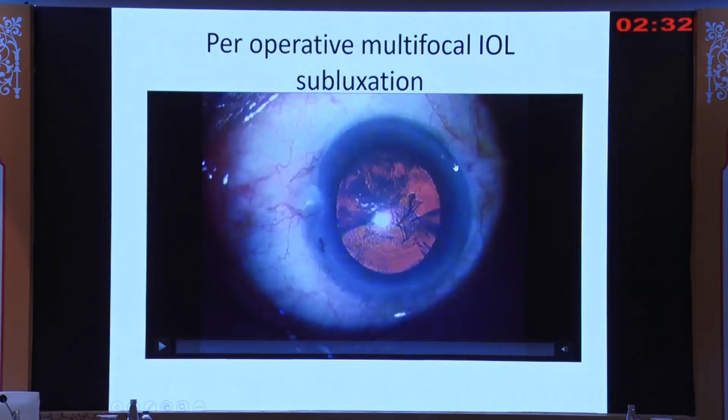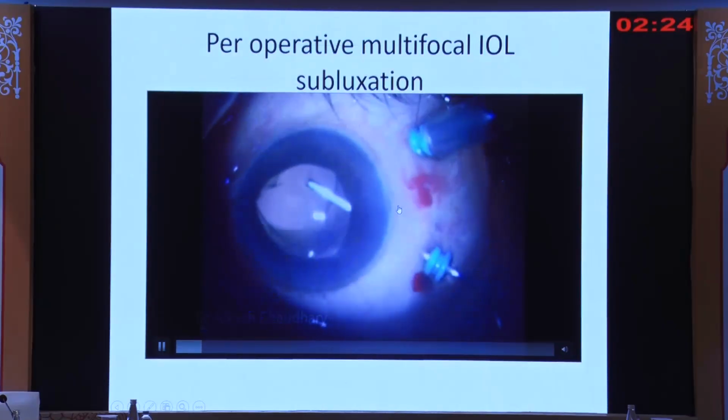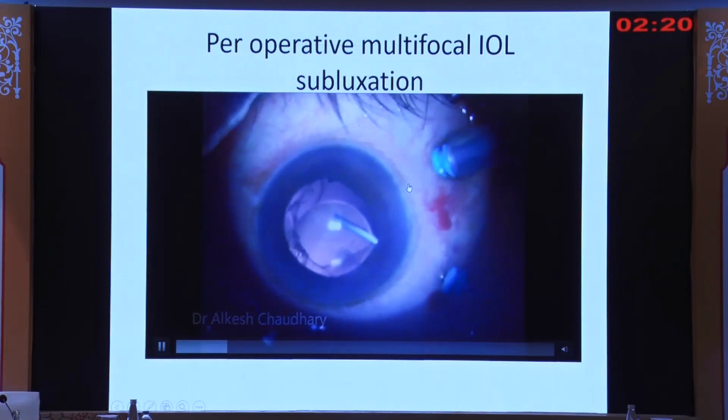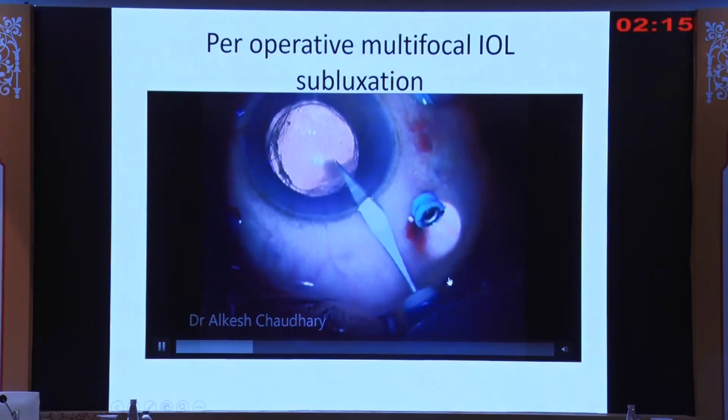Now another case, a perioperative multifocal IOL subluxation. You see the IOL is still hanging. Again, going from behind, because there was some cortical matter behind, we have to go for three ports, again placing with the help of a cutter itself.